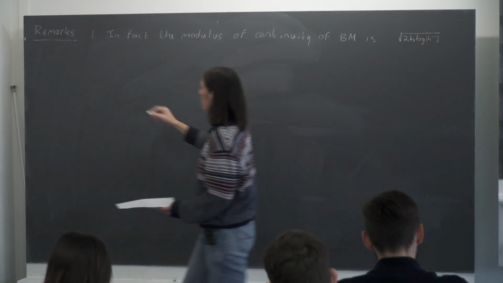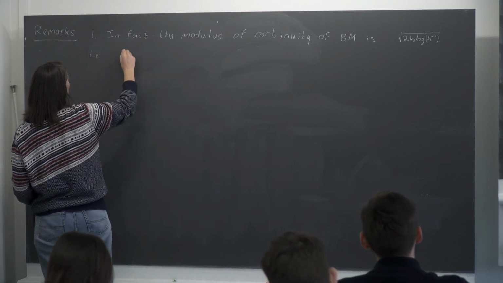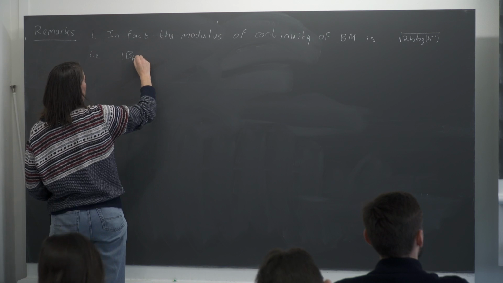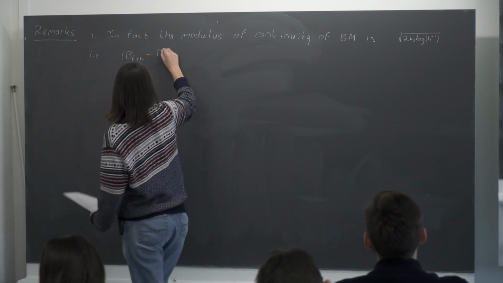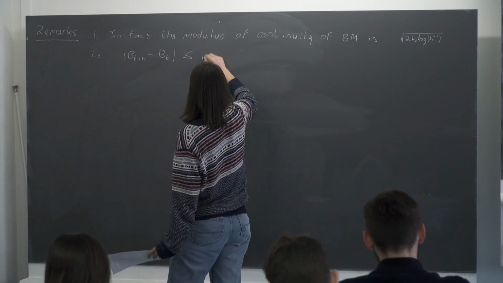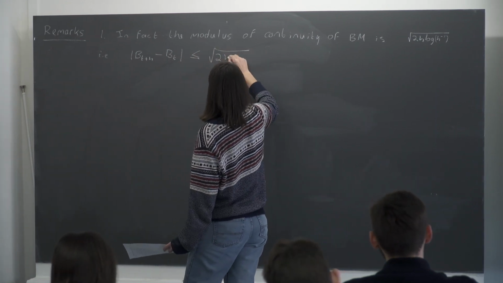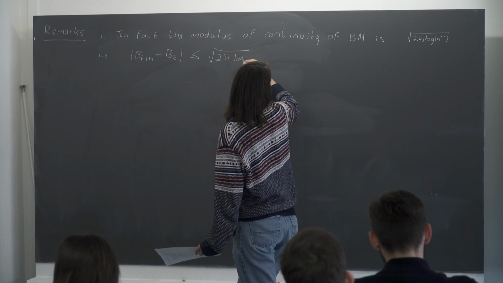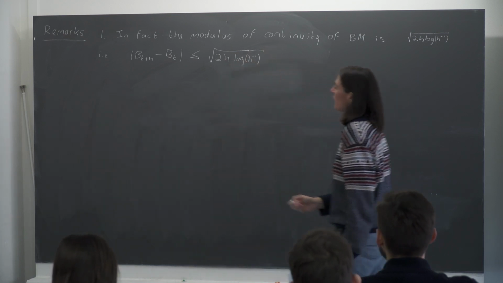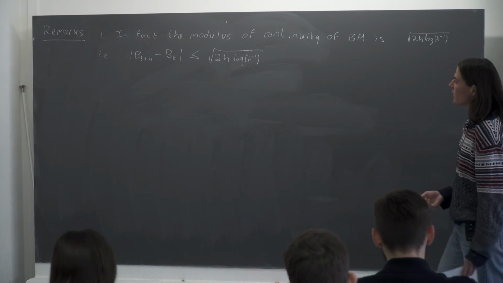So what does that mean? If we look at B_{t+h} minus B_t, that's less than or equal to square root of 2h log h inverse. So that's the sort of strongest result that you can prove.